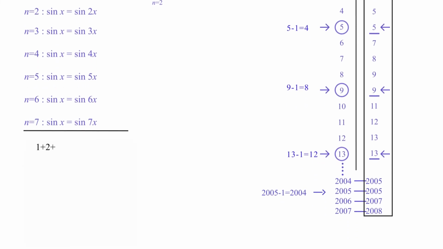It's like saying 1 plus 2 plus 3 plus 4 plus 5, dot, dot, dot, all the way until 2008. But not exactly that, right? Because first of all, I don't have a 1 and a 2. So I've got to get rid of the 1 and the 2. It starts with 3. And then I have to take into consideration that these guys kind of are out of place.